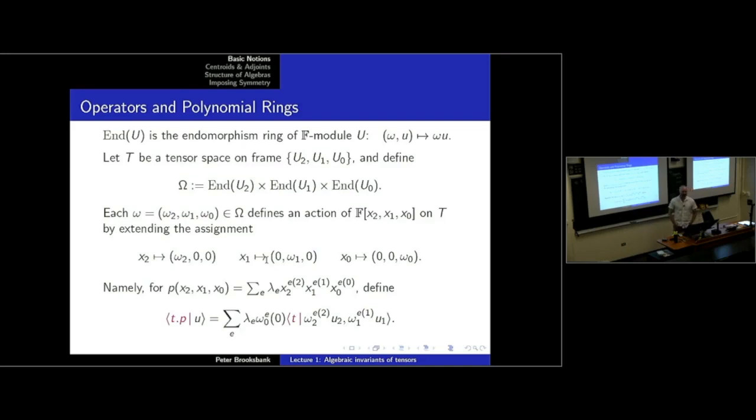So we have this action of the polynomial ring in three variables, x2, x1, x0, acting on the tensor space by extending the action that you can see here. So if you have a polynomial you can write in this way, then you can act on the tensor space in this fashion.